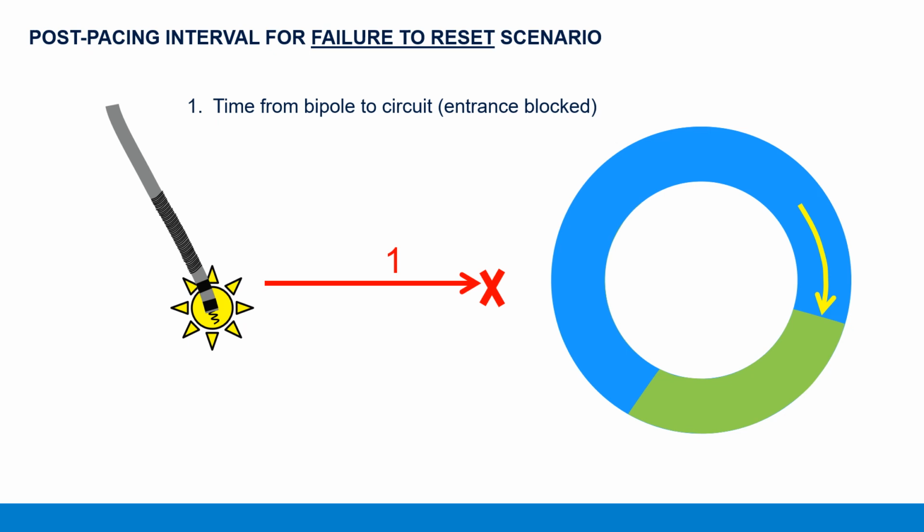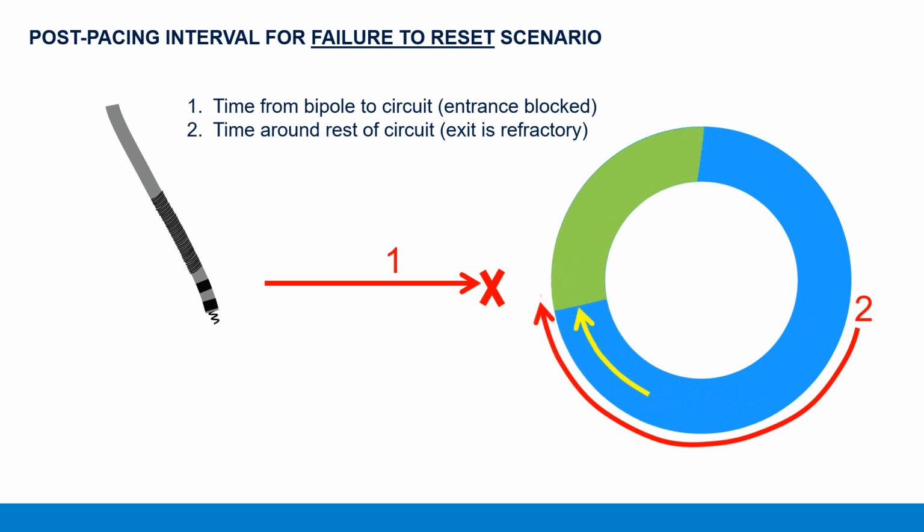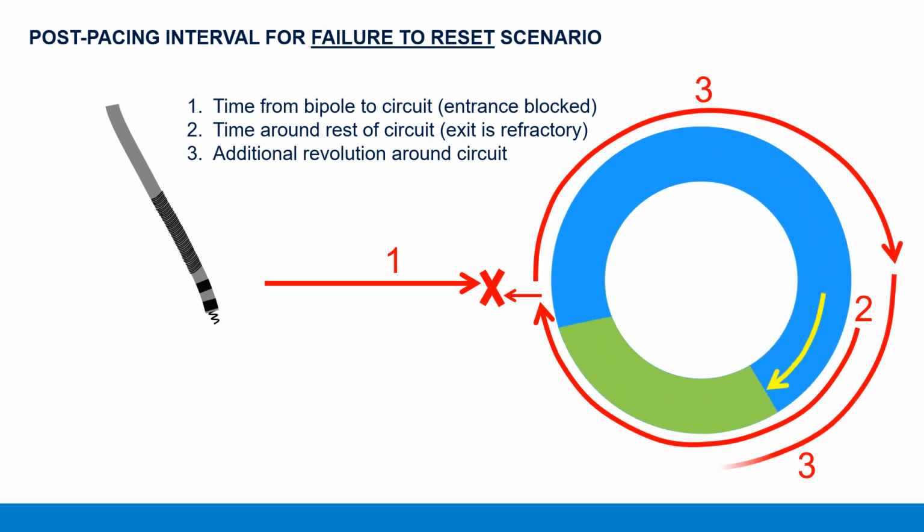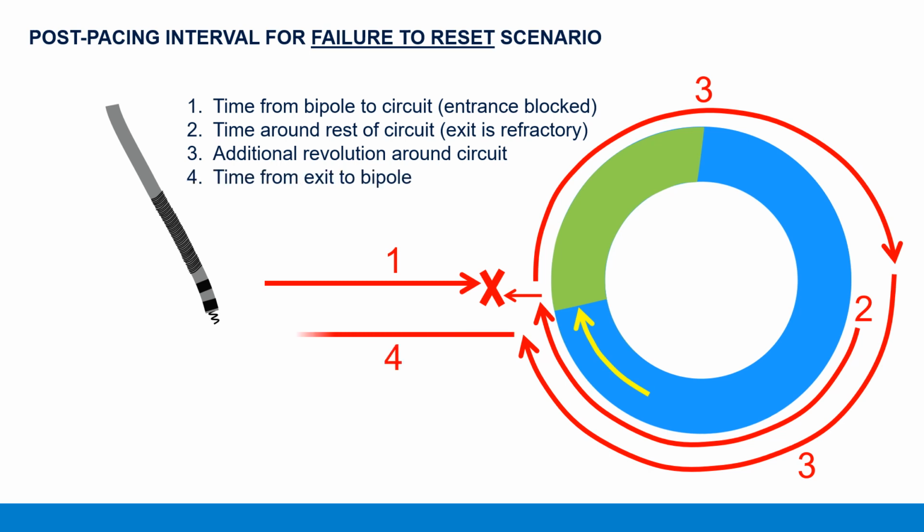At this point, the VT continues to revolve and it reaches the exit site, which is refractory because of the pacing beat that just occurred. And so the VT has to revolve one more time around its circuit to get back to the exit and find now tissue that's excitable and able to launch a wavefront back toward the lead to be sensed by the device.